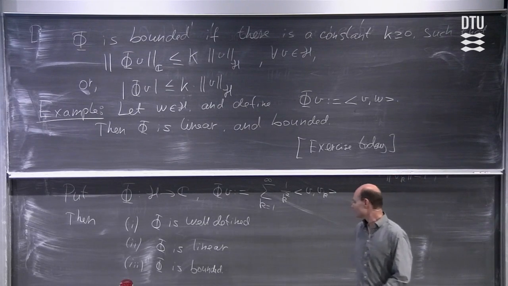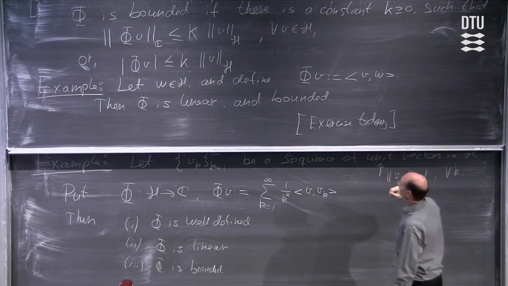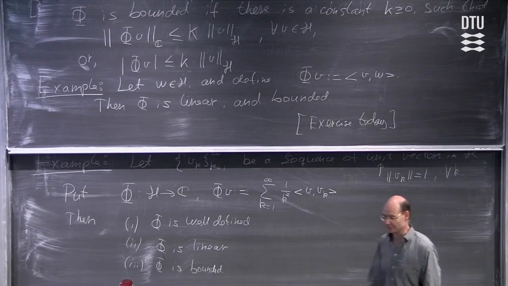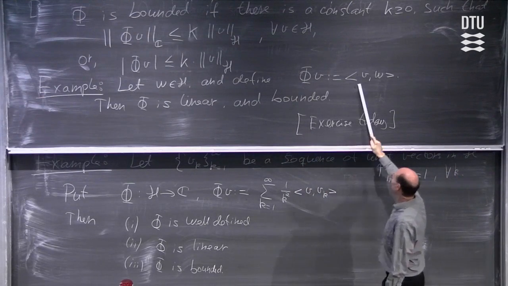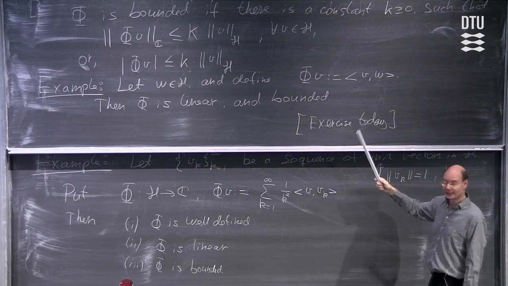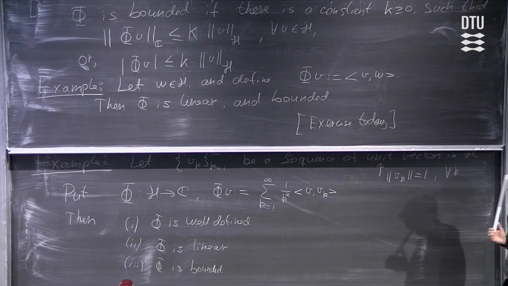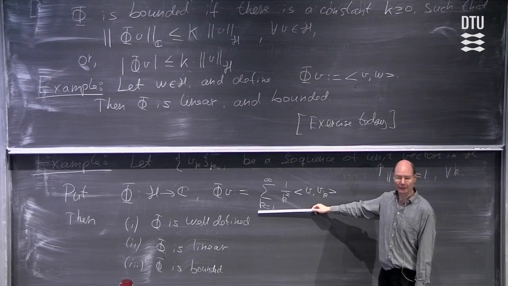There's something that is a little bit strange here. I gave you two examples now. We had this example where phi of v was just given by the inner product with one given element. This is what I more or less left to yourself. And then we did this quite complicated example, where we looked at something that is defined in a much more complicated way.